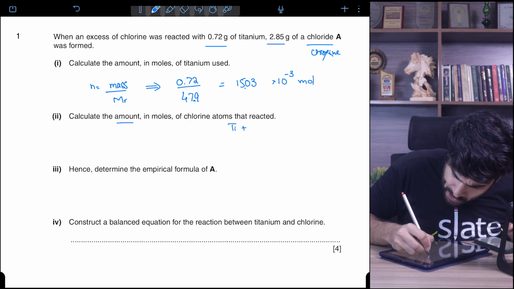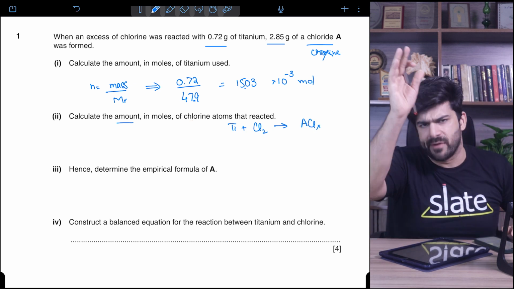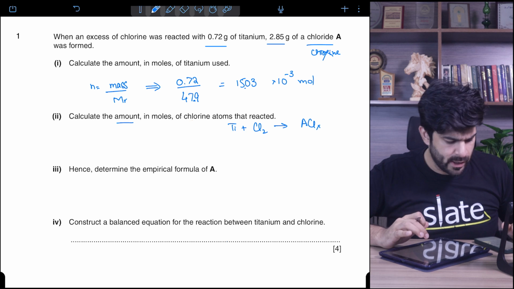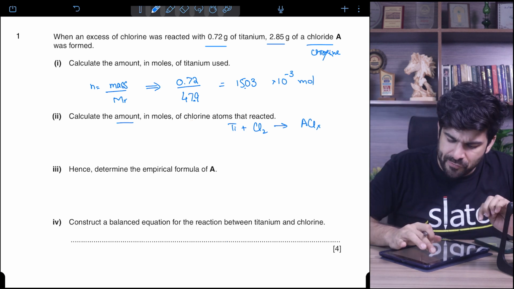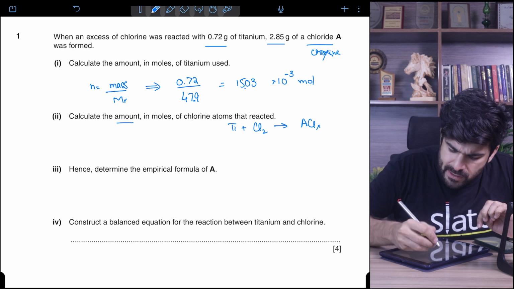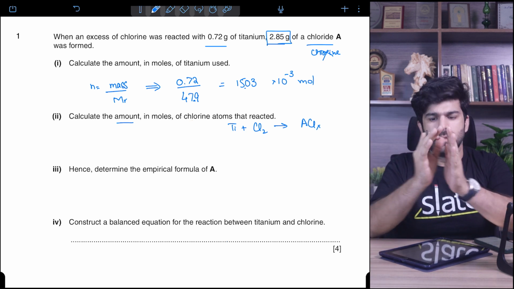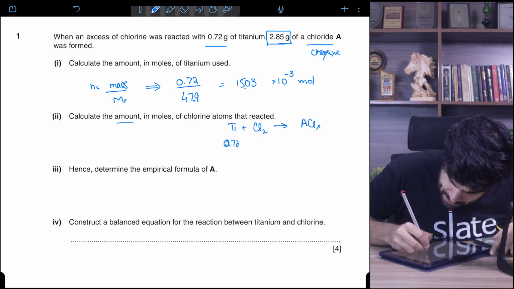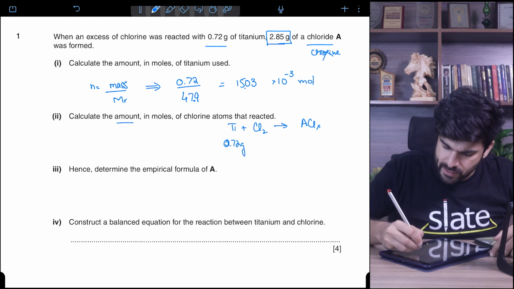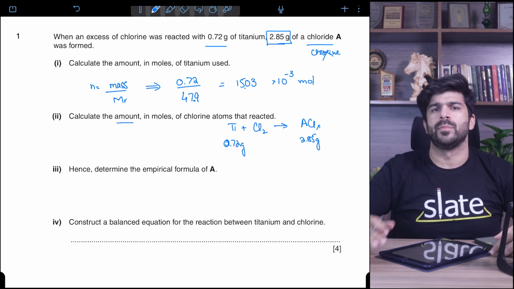Titanium reacted with chlorine and formed a chloride A, whatever the formula is, we will talk about that in a while. Look at the mass, bachu. This mass is of the chloride. So when 0.72 gram of titanium was reacted with chlorine, 2.85 gram of chloride was formed.